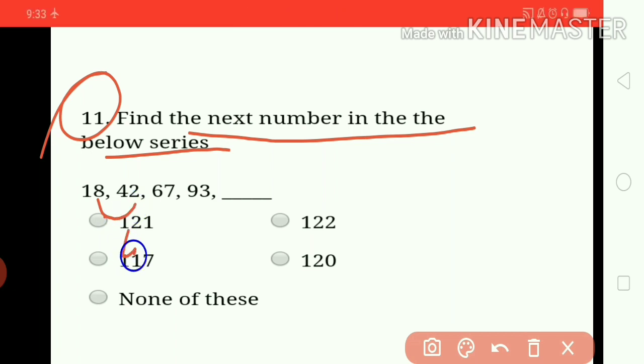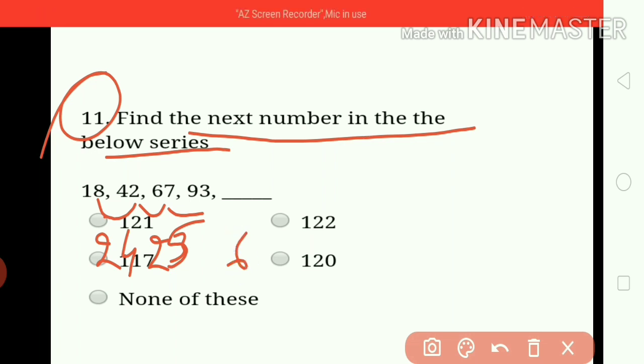12 minus 8 is 4, 3 minus 1 is 2, 24. Find the difference of these two. 7 minus 2 is 5, and 6 minus 4 is 2. Find the difference of these two. 13 minus 7 is 6, and 8 minus 6 is 2. So you see the consecutive differences here.